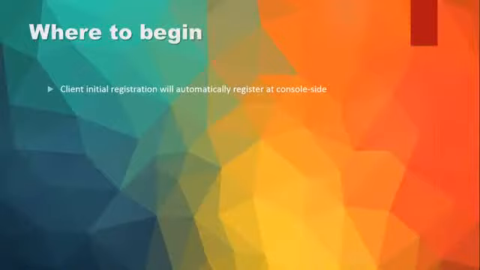So, where do you start? From the initial client registration, it will automatically register at the console side. All the client's PC protection pattern, which file types you wish your customer to block, will be inherited as well. If you choose to run the installation with a pre-built whitelist program, that will also be populated at the console.